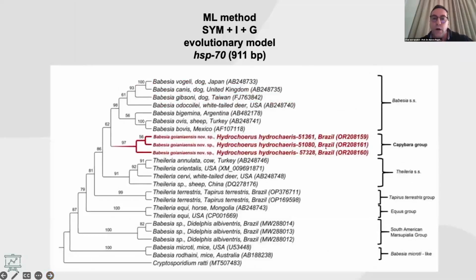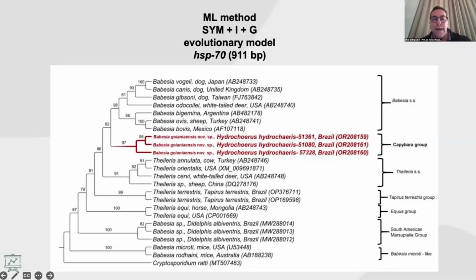And we also have shown, based on other molecular markers, a very distinct phylogenetic clade, and we named it Babesia goianiensis.